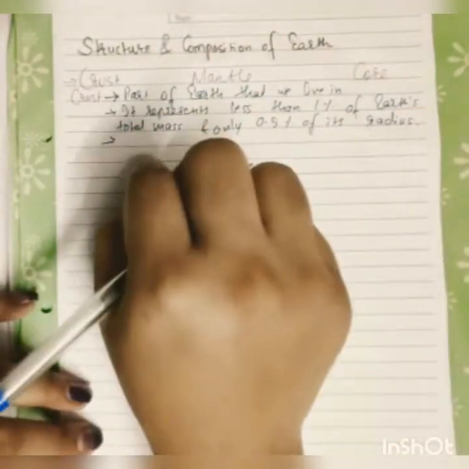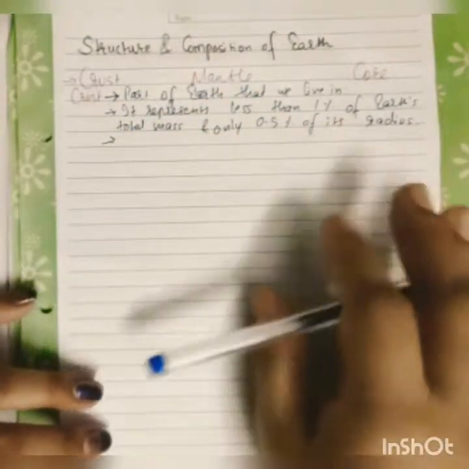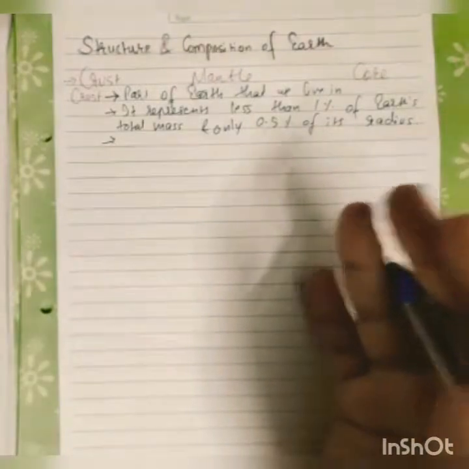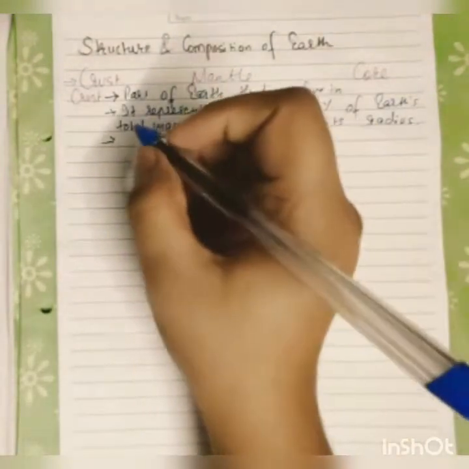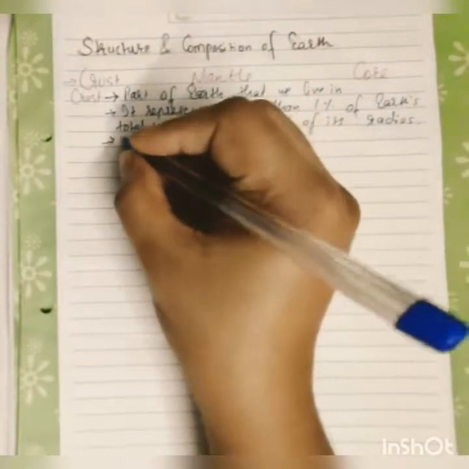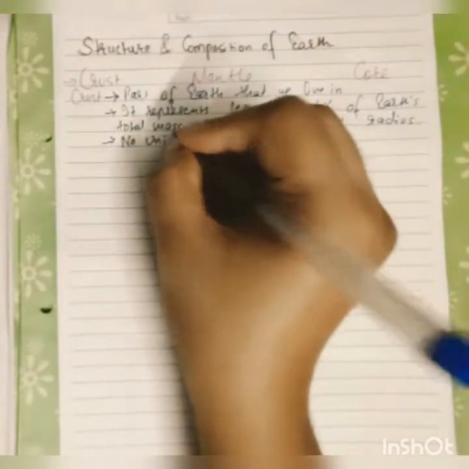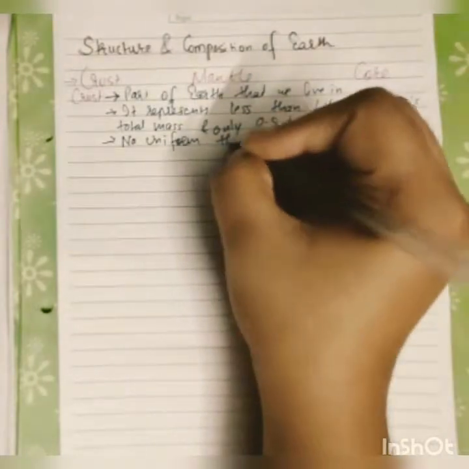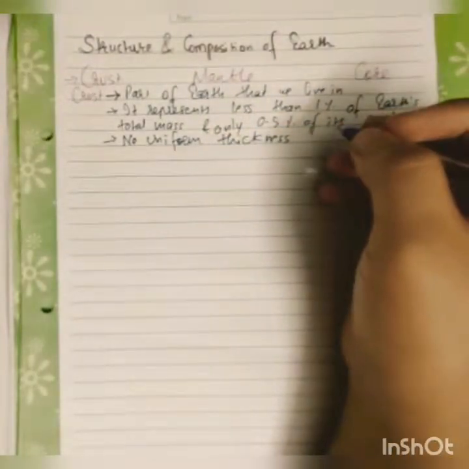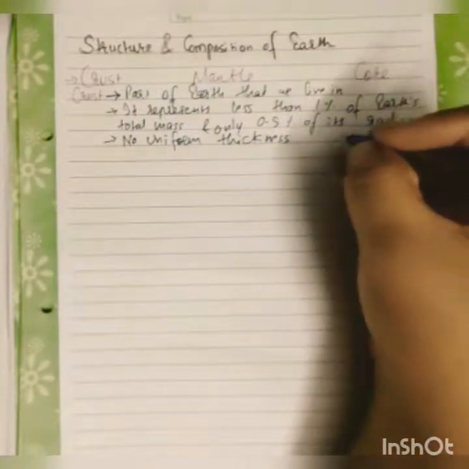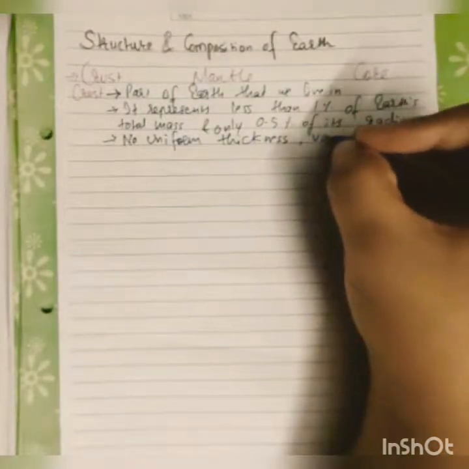Okay, so these are your ready-made notes. You can just refer to these notes during your exams and you'll get it all. You can just write these points. It doesn't have any uniform thickness. Okay, there is no uniform thickness, because the thickness varies.